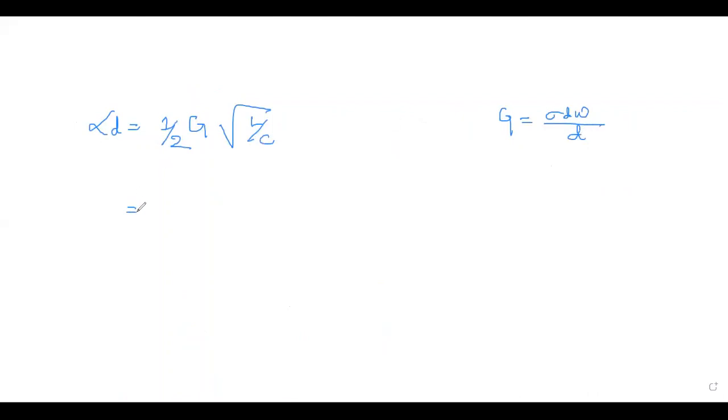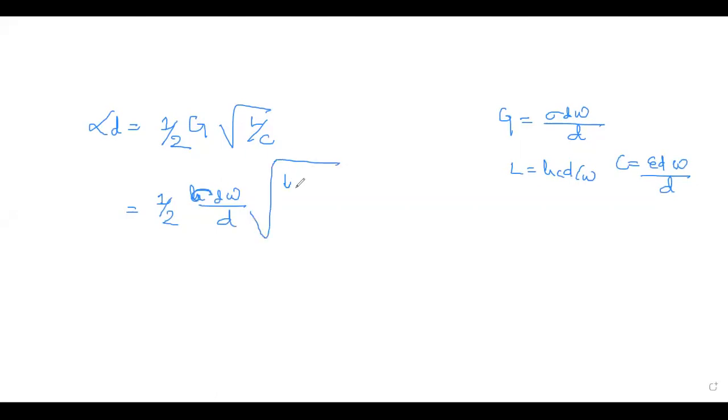Substitute this value as well as L and C value. L is nothing but mu_c d by W. C is nothing but epsilon_d W by d. Substitute all these three values here. So this is sigma_d W by d square root of mu_c d by W divided by epsilon_d W by d.